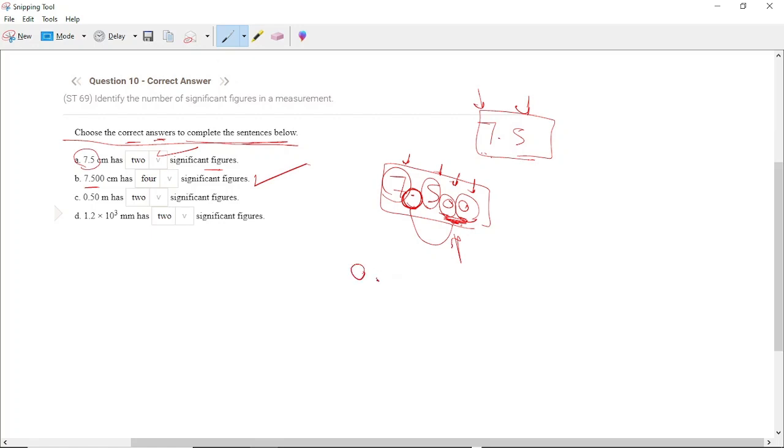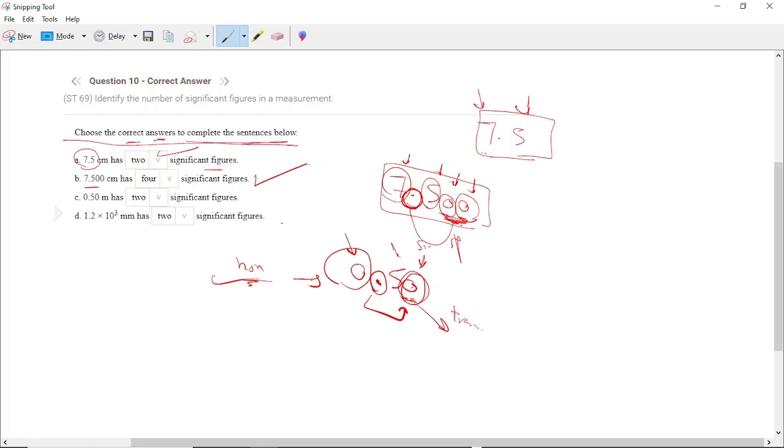Okay, 0.50. This number has a leading zero, and leading zeros are non-significant. What about the trailing zero here? It is supposed to be non-significant, but I have a decimal point, so the trailing zero in this case will be a significant number.